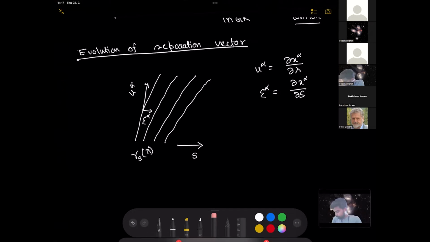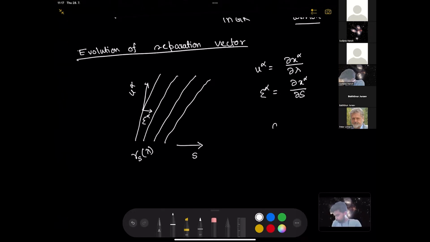So for a geodesic, we know that the acceleration, let's say alpha, should be proportional to u beta. And this is for a geodesic, and if it is affinely parameterized, then we have to put another condition that it should be equal to 0.